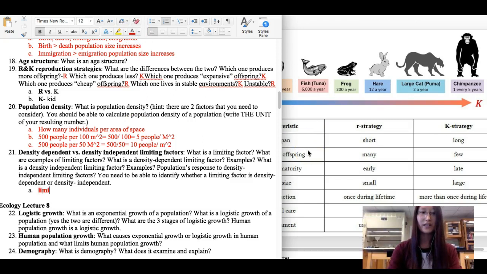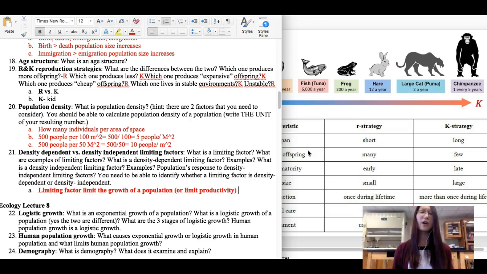So what is a limiting factor? A limiting factor limits the growth of a population or limits productivity. We talked about this quite a few times, right? The environment can only hold so many individuals because there are a lot of limiting factors. There could be predators, there could be disease, there could be a lack of space, there could be a fight, a competition for food.